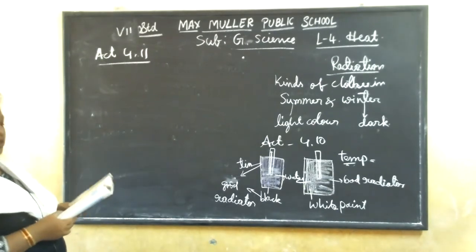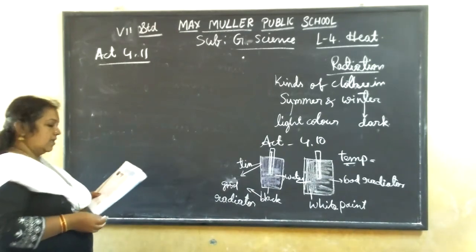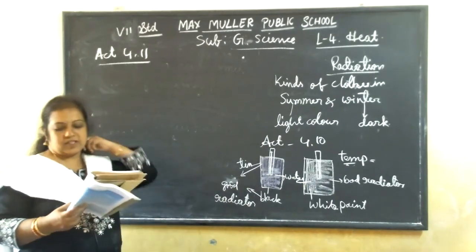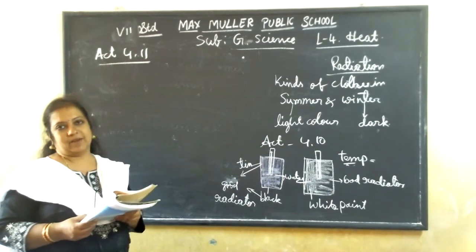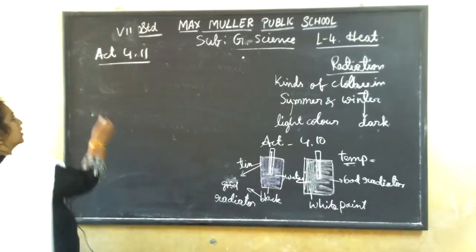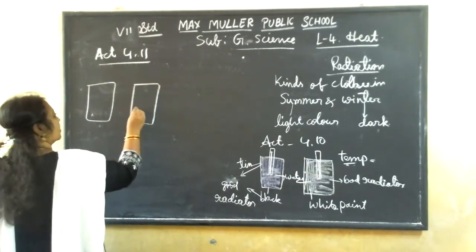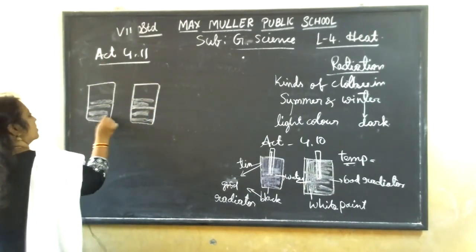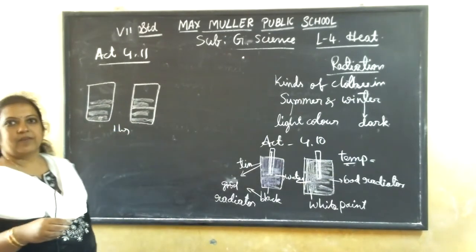Okay, so you can take the container also black or white color, or tins also you can take. Fill the 2 cans used in activity 4.10 with the same amount of hot water with the same temperature. Okay, so kept for 1 hour in the sunlight.